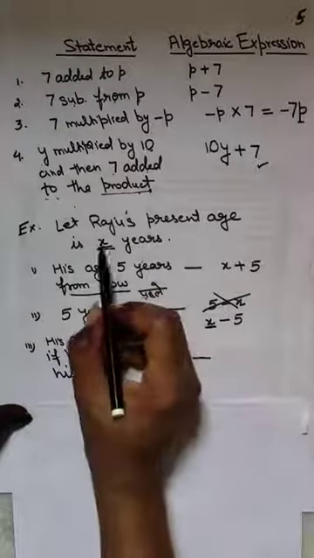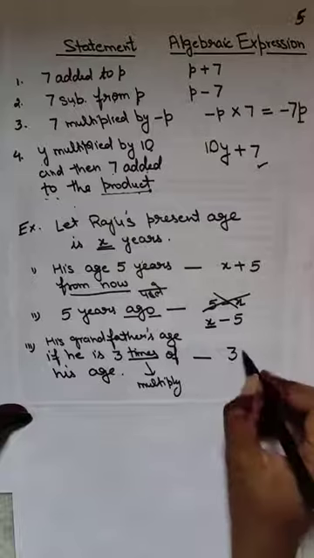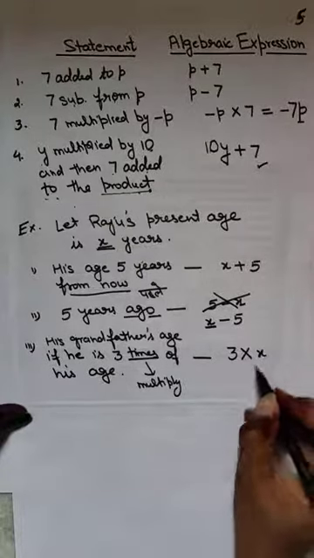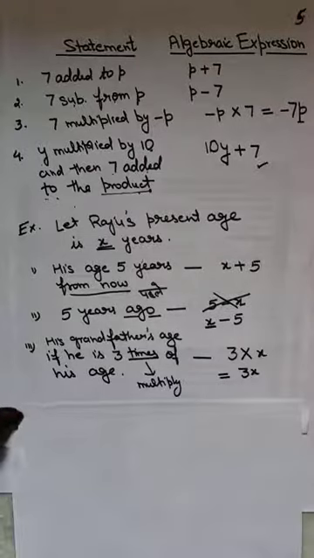And his age is x years. It means his grandfather is 3 multiplied by x, which is equal to 3x.